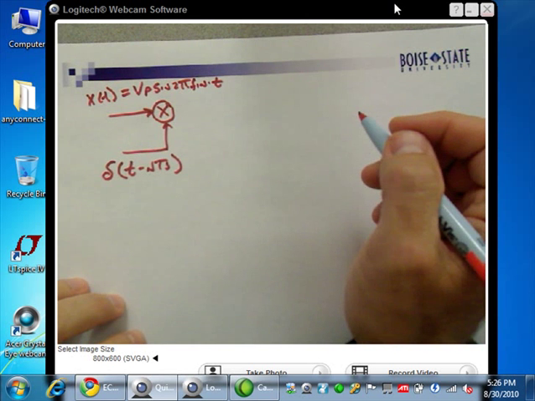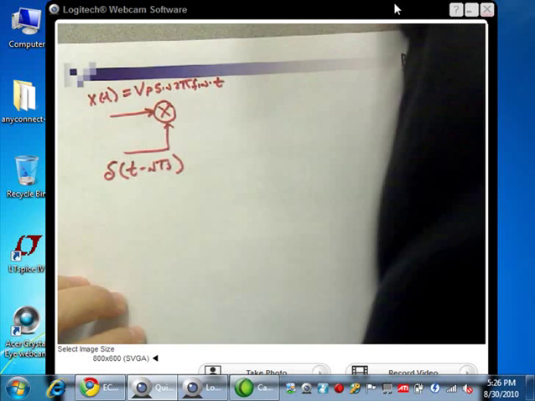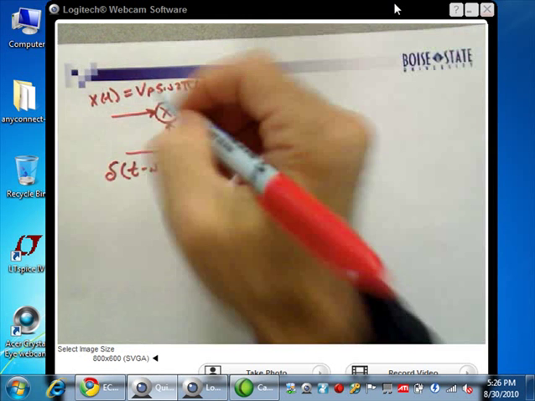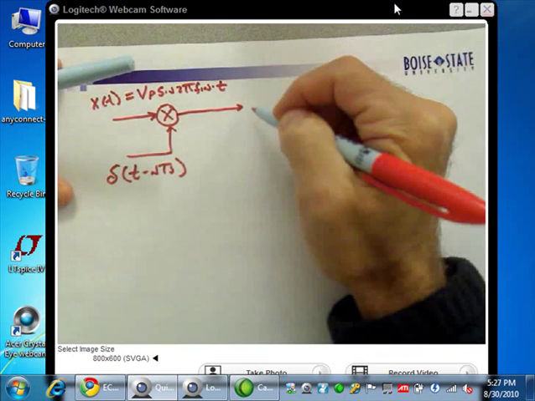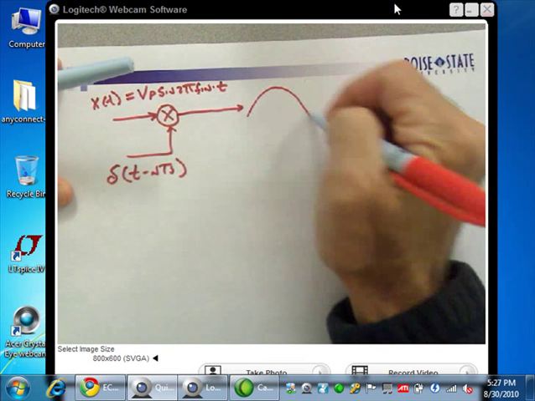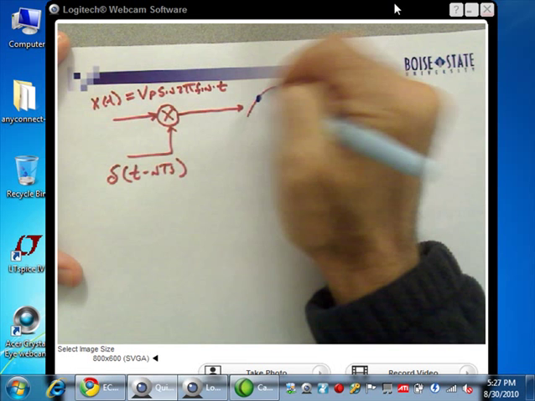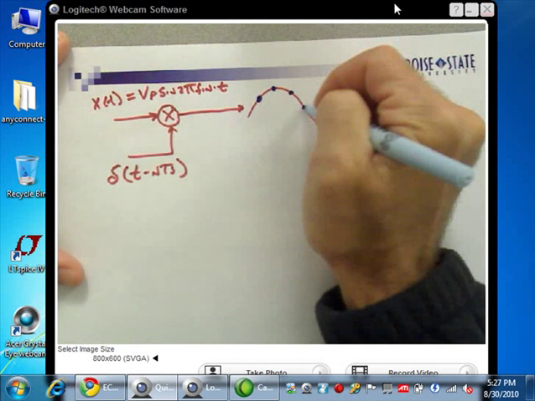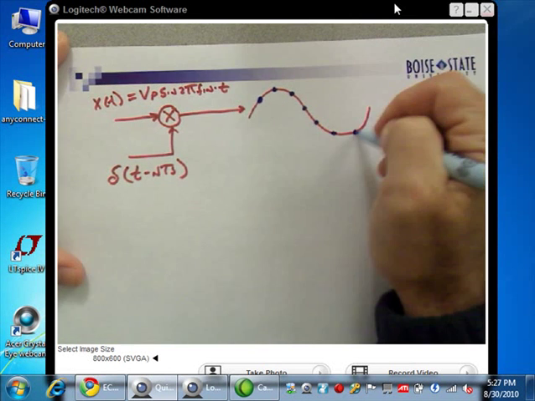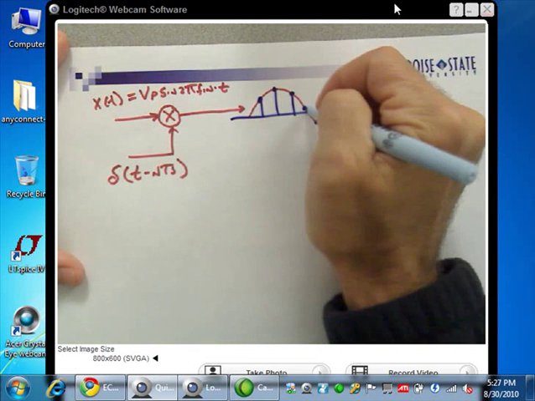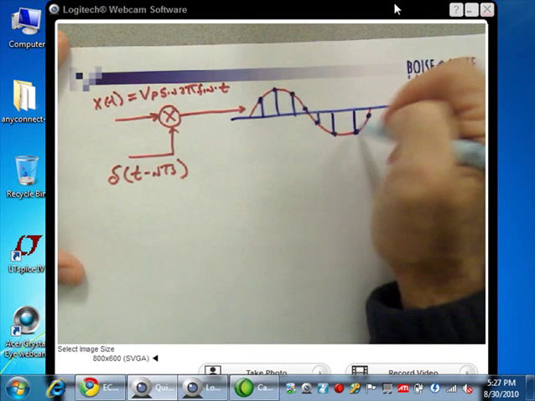So, just as a sanity check for myself, let's sketch. If this is the sine wave input, my output is going to be defined at certain instances, and the spacing of those instances is my sample period, and it's undefined in other places.